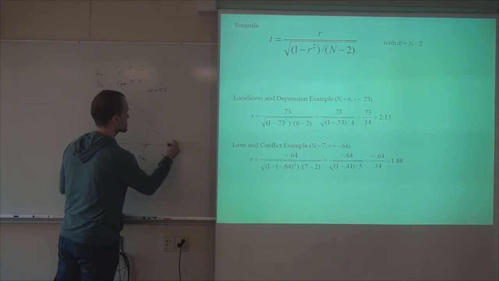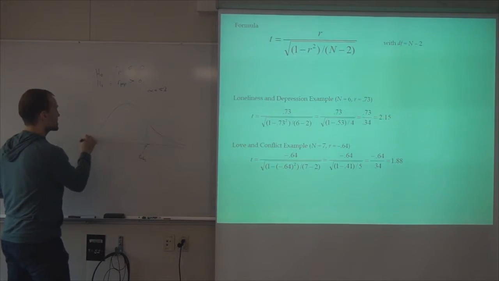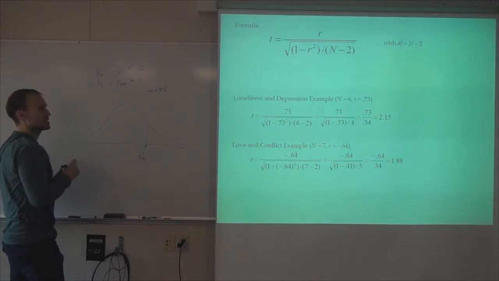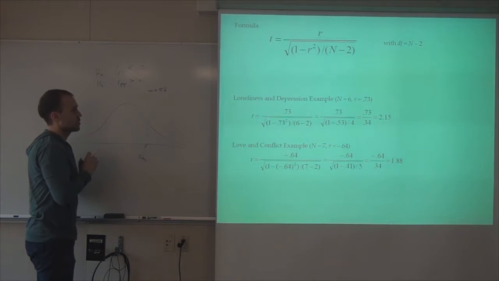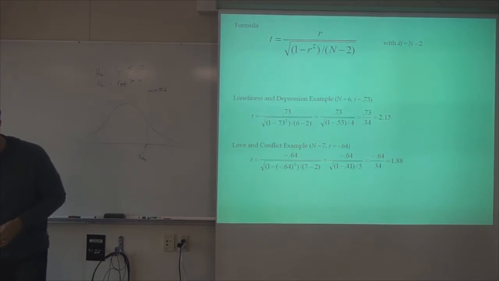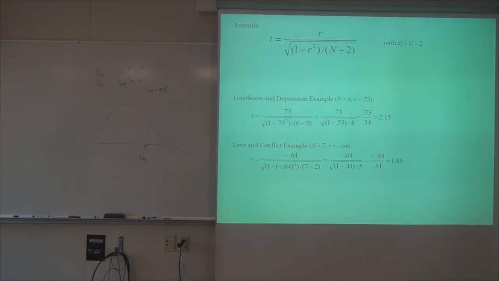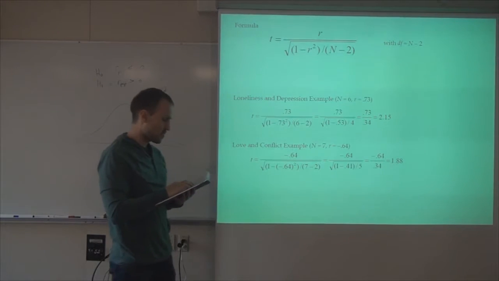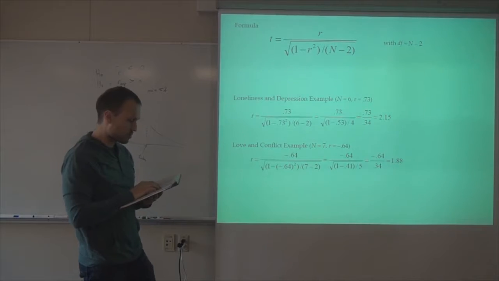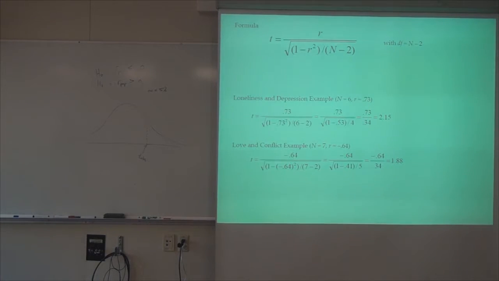Because I'm adding information, testing only for positive correlation, what is my cutoff t-value now? With 4 degrees of freedom and one tail, it's 2.132.